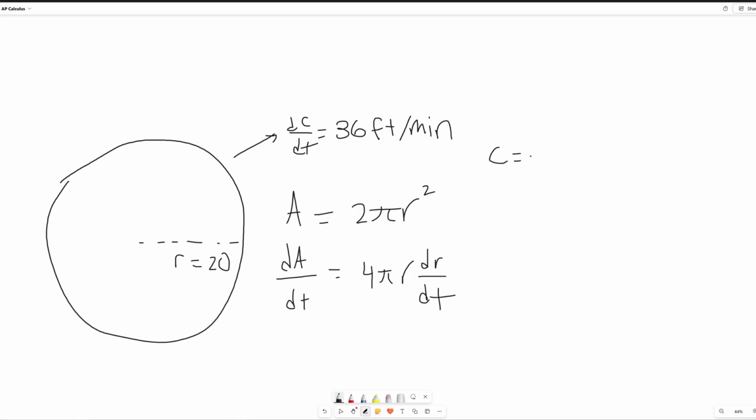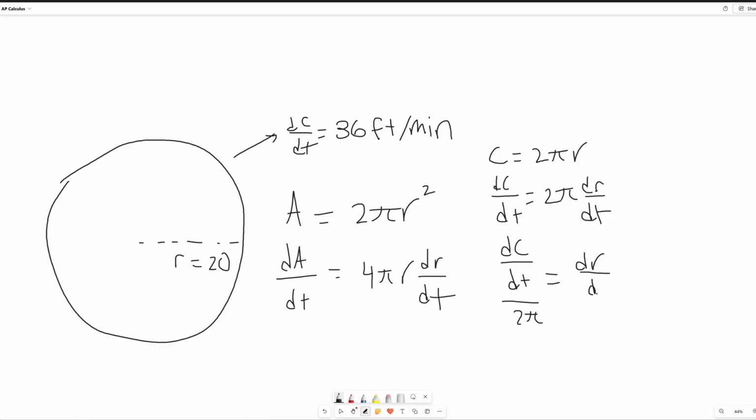So we know the circumference is 2 pi r. dC over dt is therefore 2 pi dr over dt. And now we can isolate for dr dt, we can say dC over dt over 2 pi equals dr over dt.